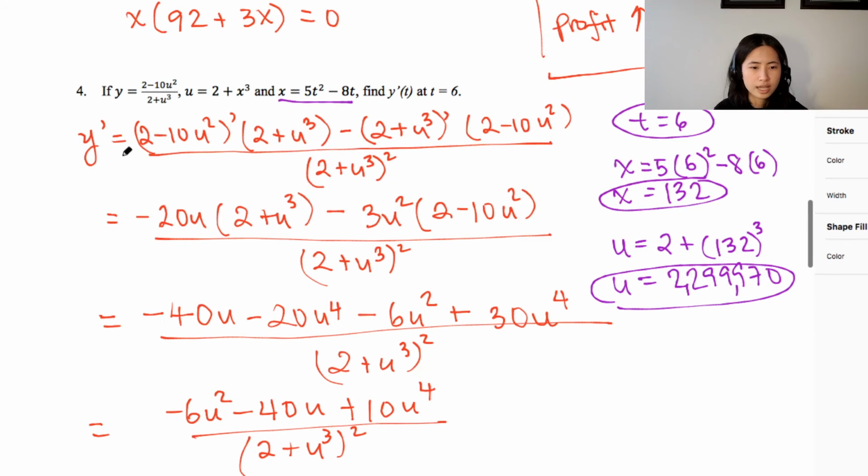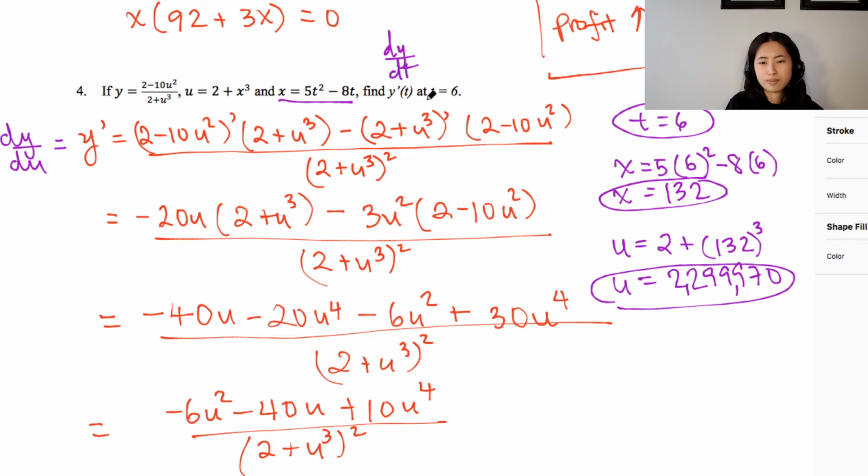This is a different type of notation, right? This is just the y first derivative, but this is actually equal to dy over du. The reason for that is because we're taking the derivative with respect to u. So it's not exactly dy over dt, because what this question is looking for is the derivative of y with respect to t.